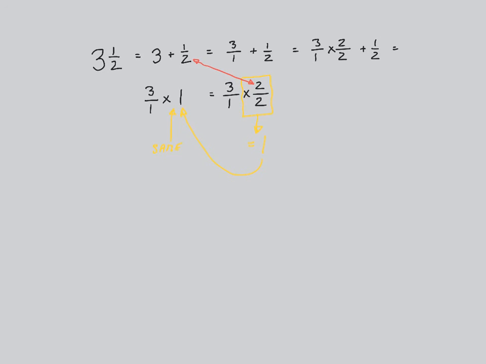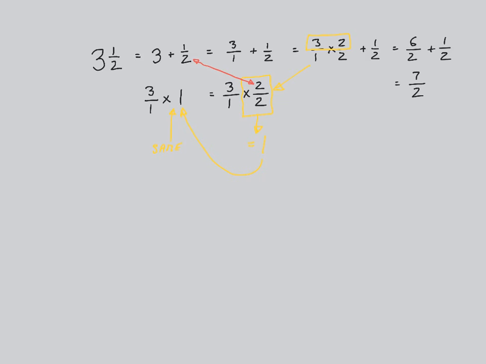Well, that's 6 over 2 plus 1 over 2, which is, of course, 7 over 2. And the rule that you can see at the top there is really because of this trick of multiplying by 1.